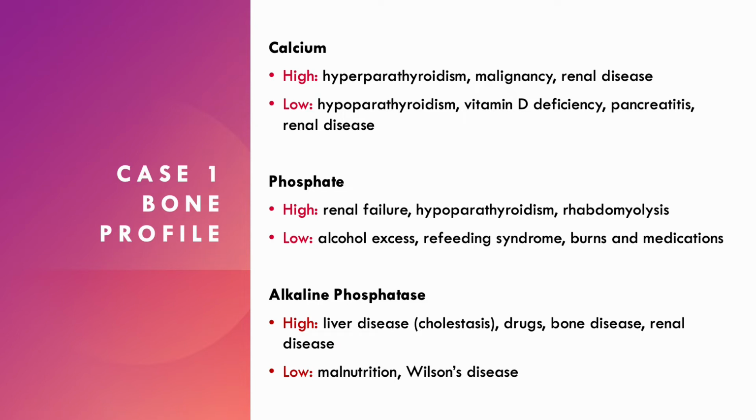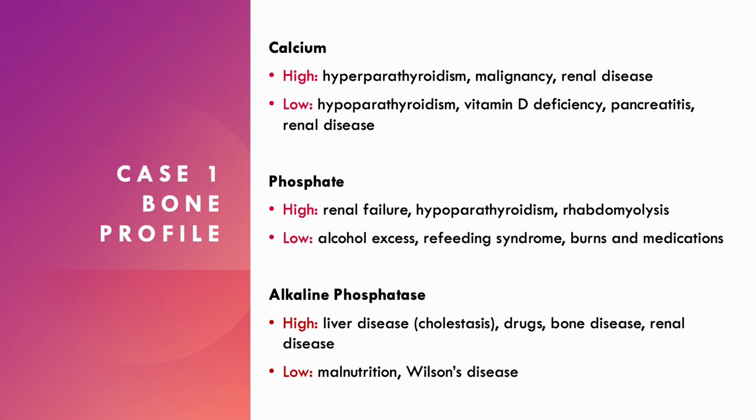Alkaline phosphatase is an enzyme, a liver enzyme. It is classically high when there is cholestasis. Cholestasis is where there's a blockage in the ductal system, preventing bile getting from the gallbladder and liver into the gut.